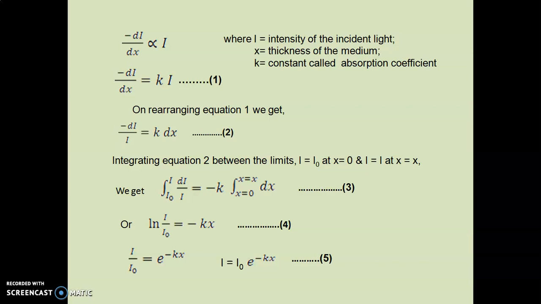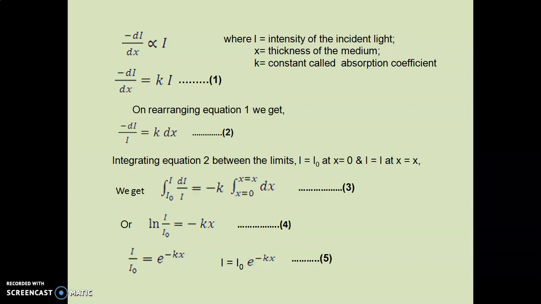If you solve this integral, the solution is ln I upon I0 is equal to minus k into x, equation 4. Now if you remove the log from equation 4, it becomes I upon I0 is equal to e raised to the power minus k into x. The equation can also be written as I is equal to I0 into e raised to the power minus k into x, which is equation 5.